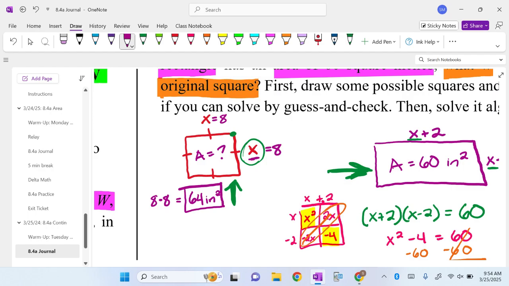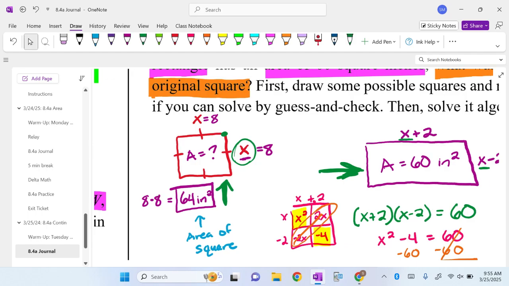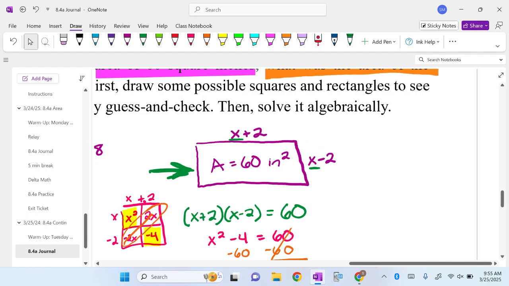Now, just for funsies, review-wise, let's find the missing side lengths of the rectangle, which is very quick because we already know what x is. All right. So this is the area of the square. Now, how would I use my x value that I now know to find the side lengths of the rectangle?